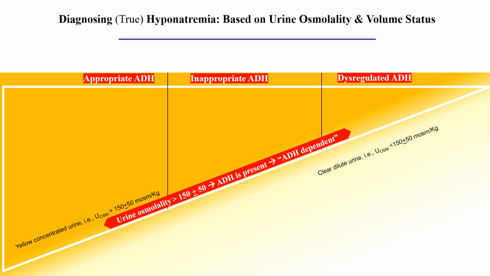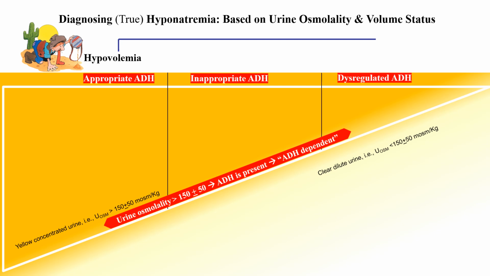Hyponatremia associated with a high urine osmolality and clinical evidence of hypovolemia is referred to as hypovolemic hyponatremia. The high ADH state in hypovolemic hyponatremia is considered appropriate because ADH is secreted as expected in response to hypovolemia.